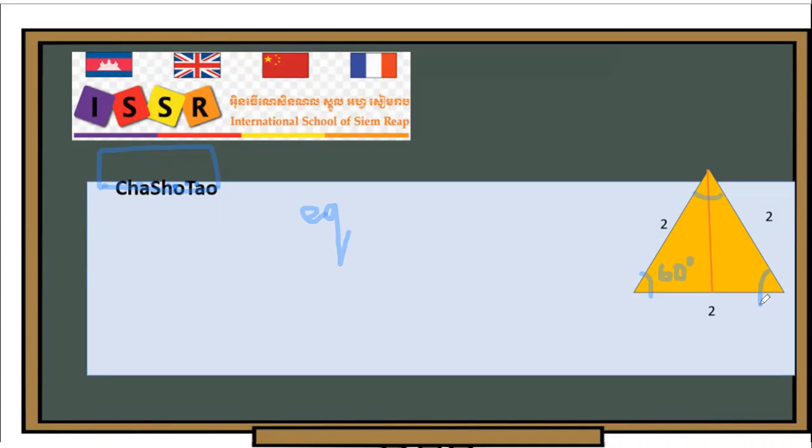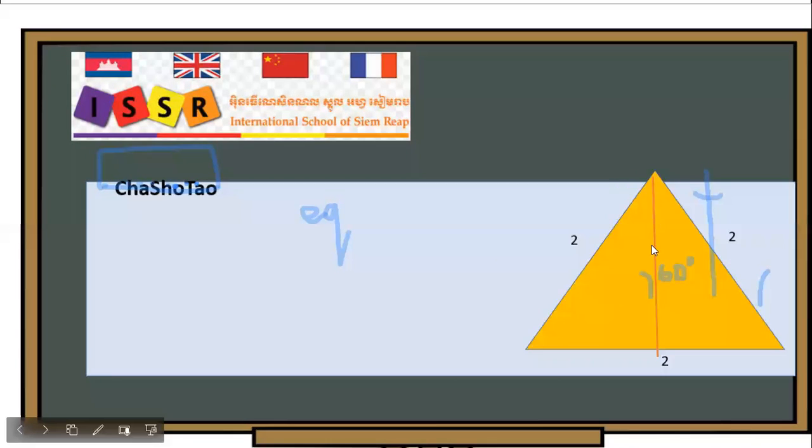Now, I'm going to do something very interesting here. I'm going to draw a line that divides this shape into 2 congruent shapes. If I draw this line, I'm going to have 2 triangles, and both of them are right-angled triangles, isn't it?